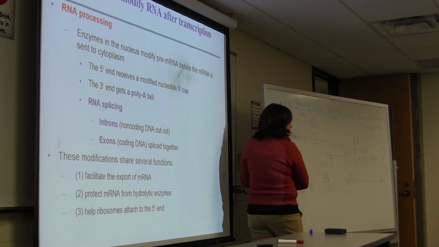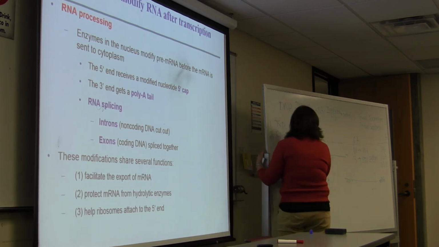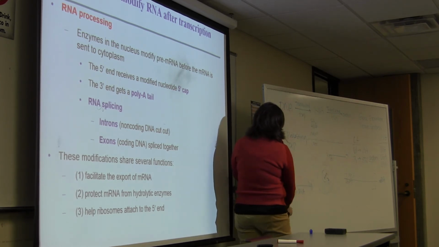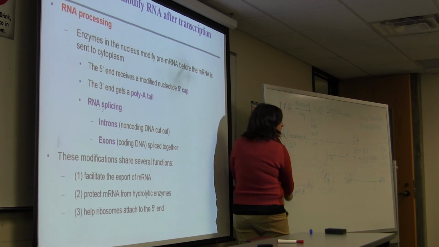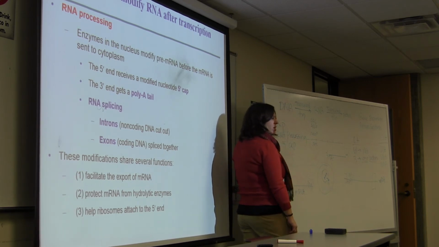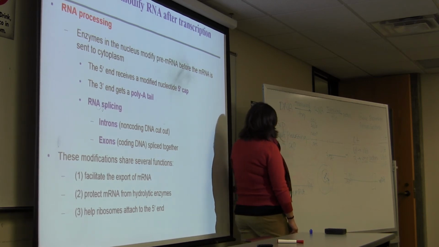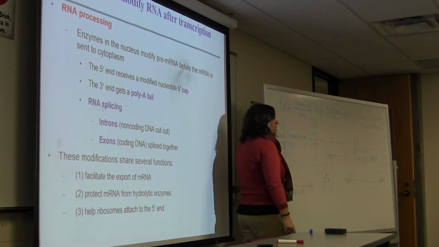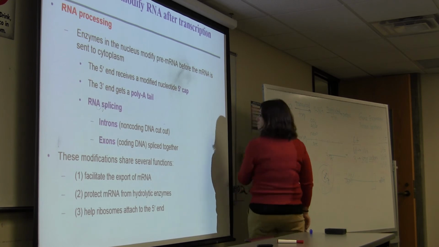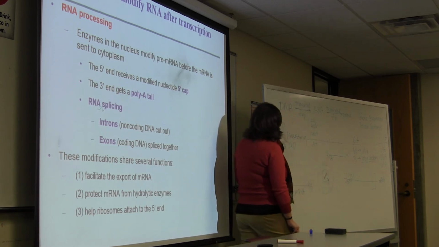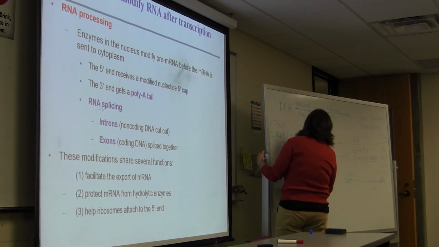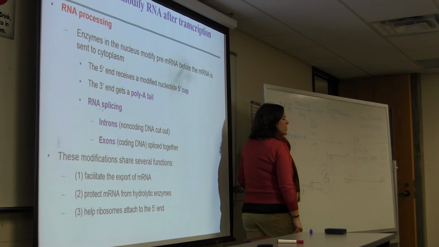So we need to add caps to the 5' end and to the 3' end, so that if these enzymes do come in, it's not actually affecting your RNA, it's just affecting these caps and tails that we added. So the first thing we're going to do is add this 5' cap to our new piece of RNA. The second thing that's going to happen is we're going to add a little tail, same idea. We're just going to add a little protective cap at the 3' end.